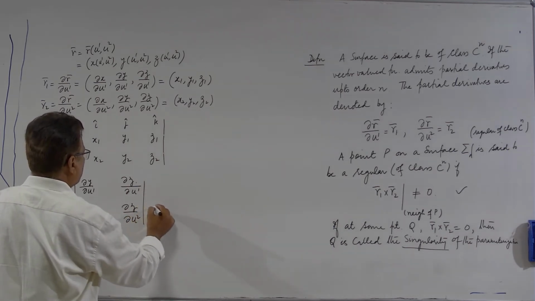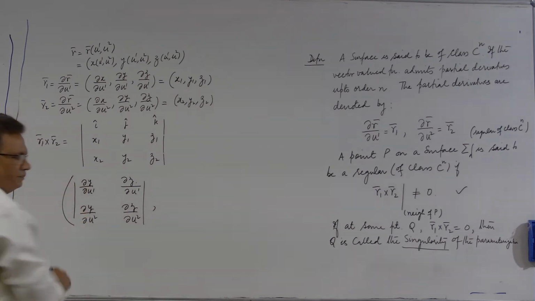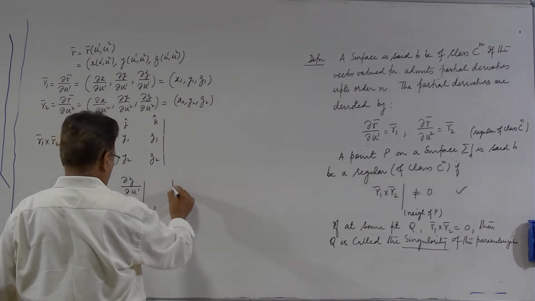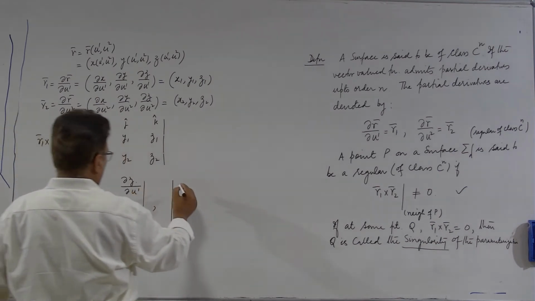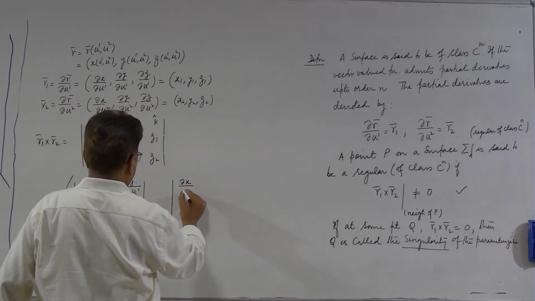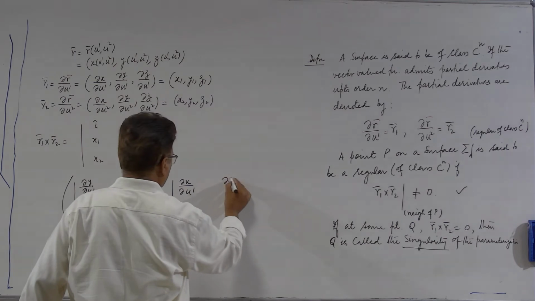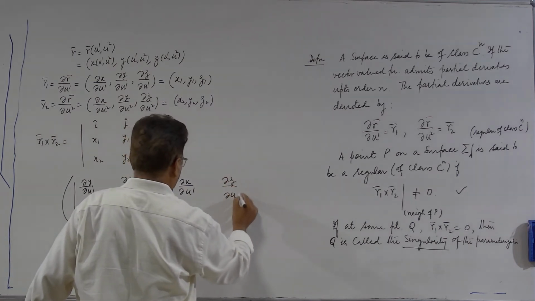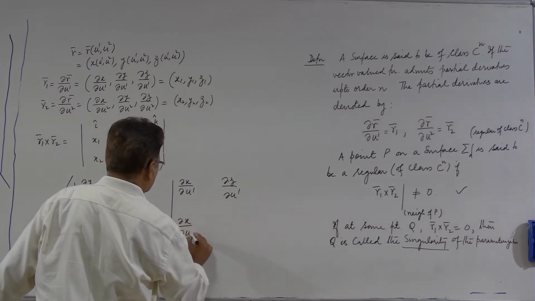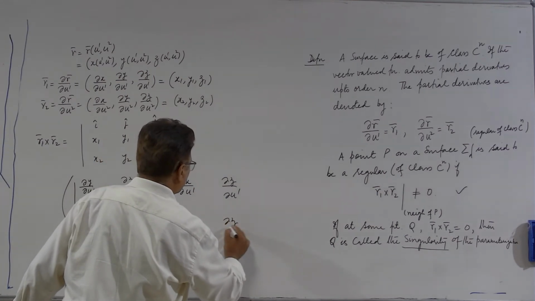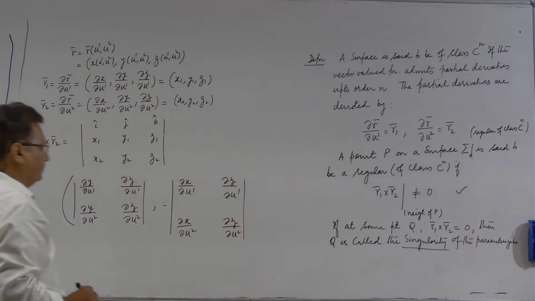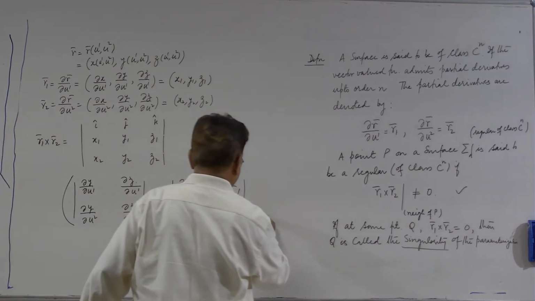Then minus the determinant of del x upon del u1, del z upon del u1, del x upon del u2, del z upon del u2, which is the j component.